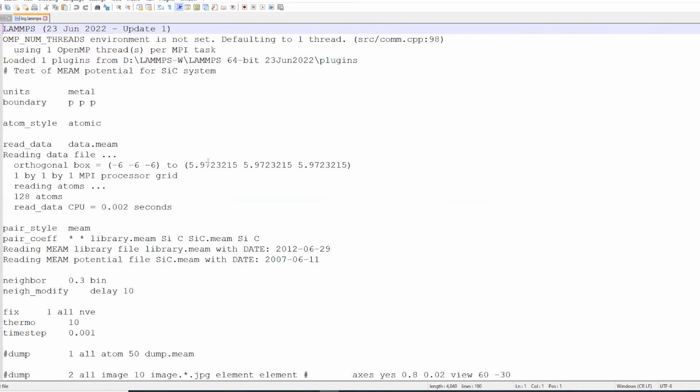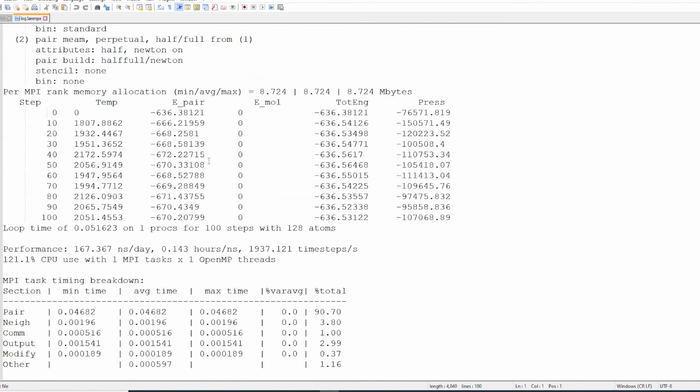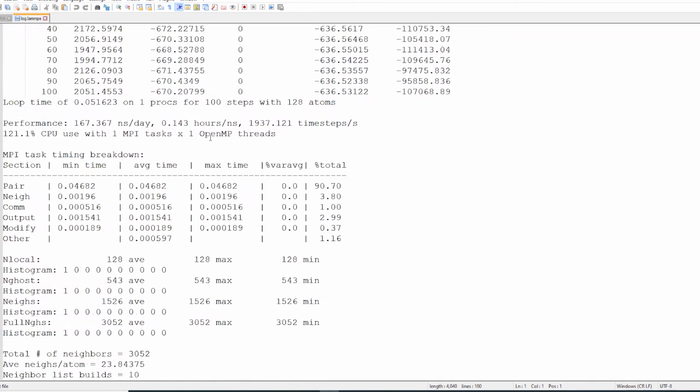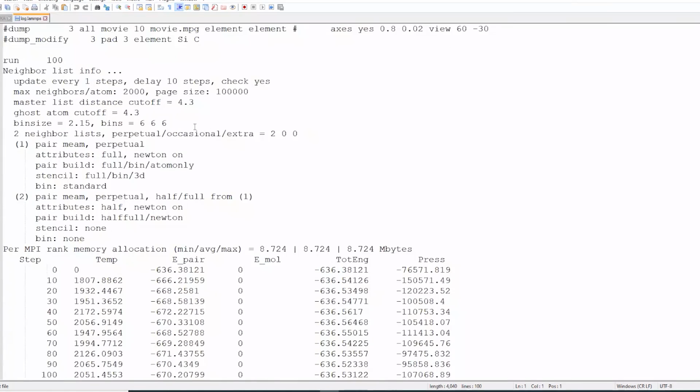So this is the output file, which means your simulation has run. There are different time steps, temperature, and so on. It will show you the parameters, whatever you put into the input file. So likewise, you can make your input file and then run.